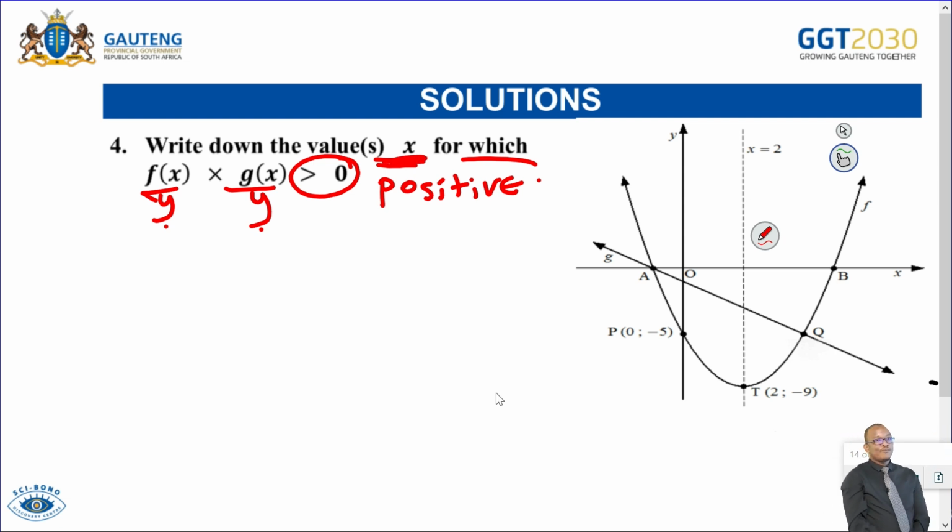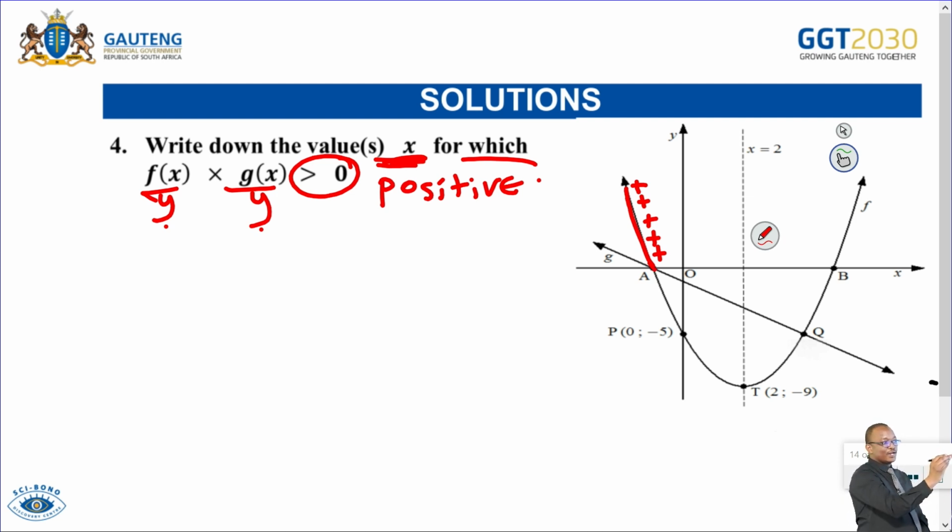So, from our Cartesian plane, we know that below this 0 on the y-intercept, we have negatives. Moving up, we have positives. Now, I'm talking about the graph of f. From A going up, that graph has positive values of y.